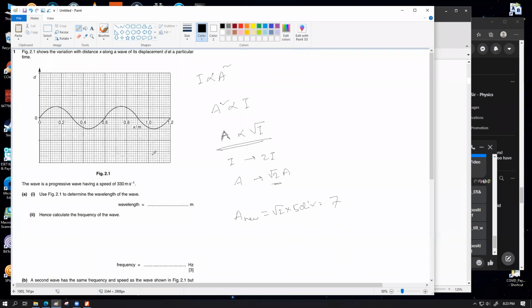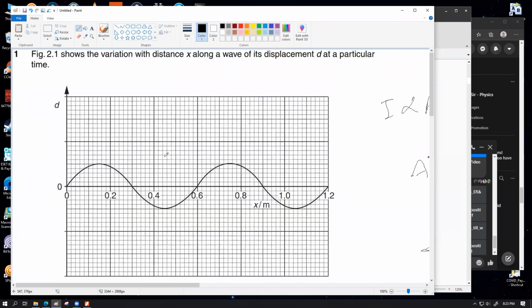For the sake of easier drawing, I'm going to first label those points so that you can draw them freehand, and then I'm going to show you how to continue these things. So I'm going to first label those points where the wave is supposed to go through.